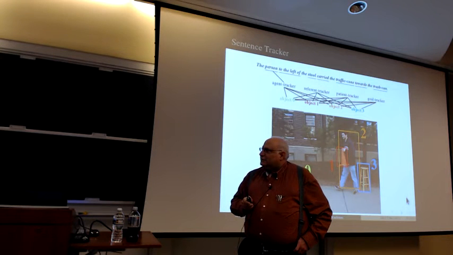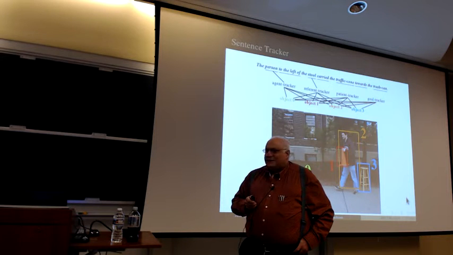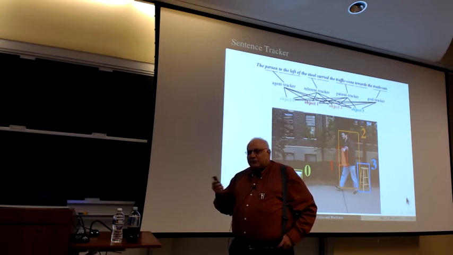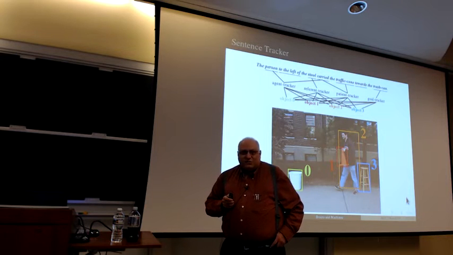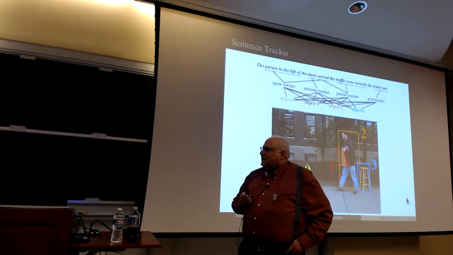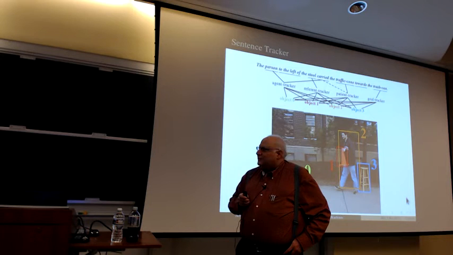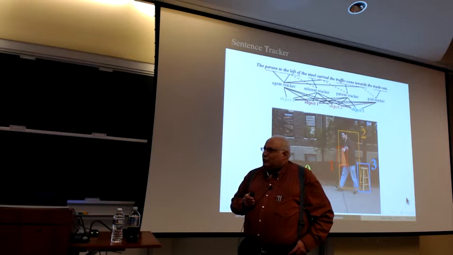So we can constrain the agent tracker, whatever it is, to be a person, and the referent tracker, whatever it is, to be a stool, and the patient tracker to be a traffic cone, and the goal tracker to be a trash can. These are all unary constraints. We can also constrain the agent tracker and the patient tracker collectively so that the agent carries the patient, which is an asymmetric relation. And we can constrain the agent and the referent so that the agent is left of the referent. And we can constrain the agent and the goal so that the agent moves towards the goal.